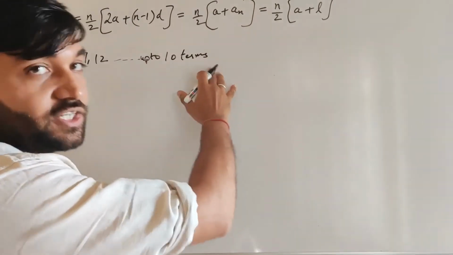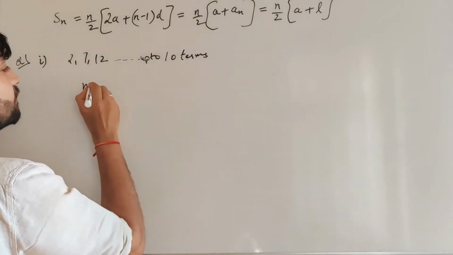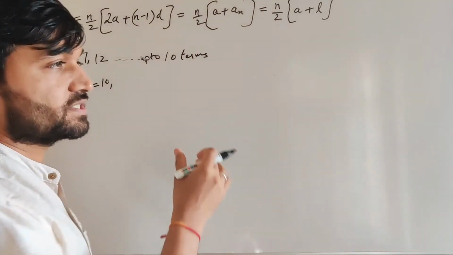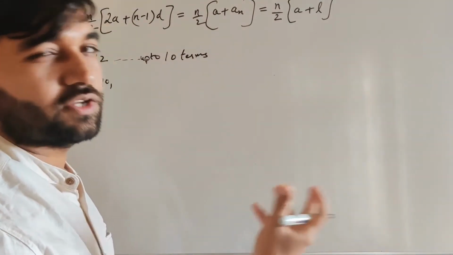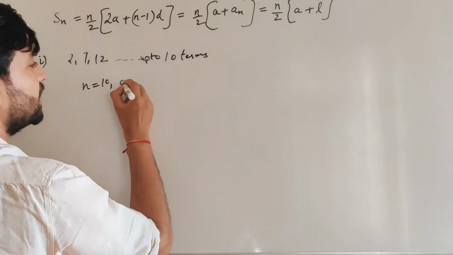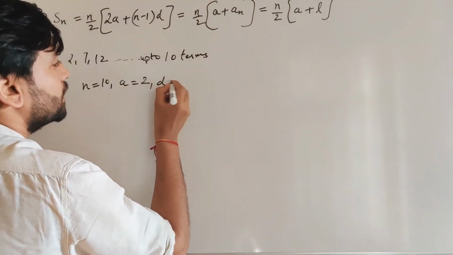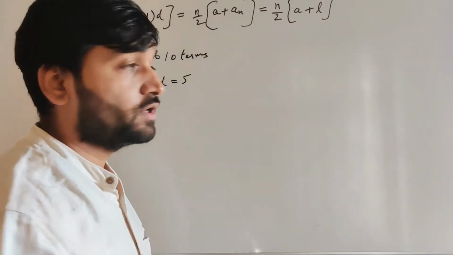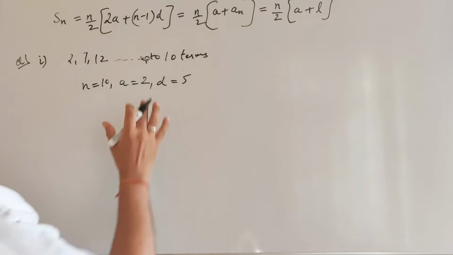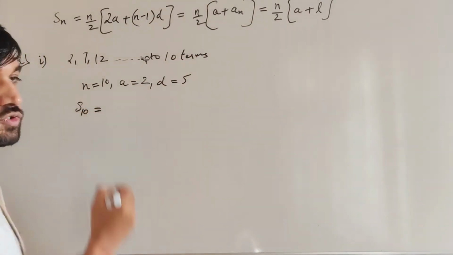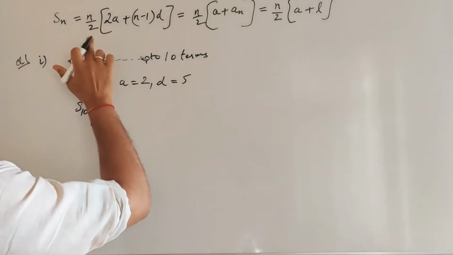When they say up to 10 terms, that means the n value is 10. Don't take the 20 as the n value. The first term a is 2. The common difference is 7 minus 2, which gives you 5. So the question is to find the sum of this sequence up to 10 terms, meaning we are supposed to find S10.